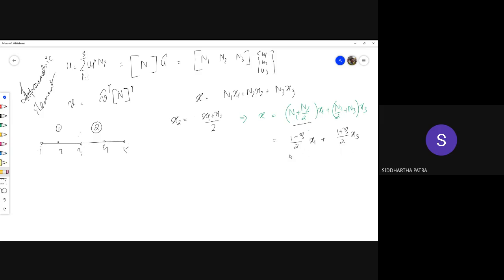See, being quadratic is a superset. Let's say this is the set of all quadratic functions, and this is a set of all linear functions. Then this one is a superset. This is like a 3-dimensional space. This one is like a 2-dimensional space. So by taking away the individuality of x2, by making it dependent on x1 and x3, you can make this type of a relation between x1 and x3.